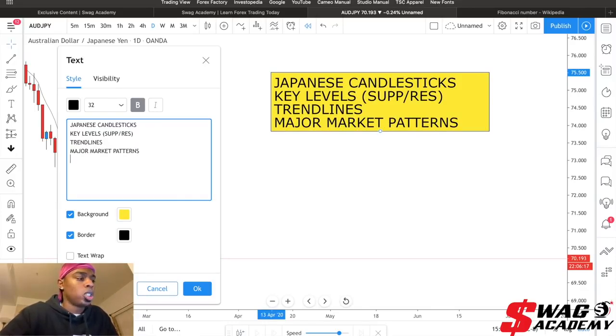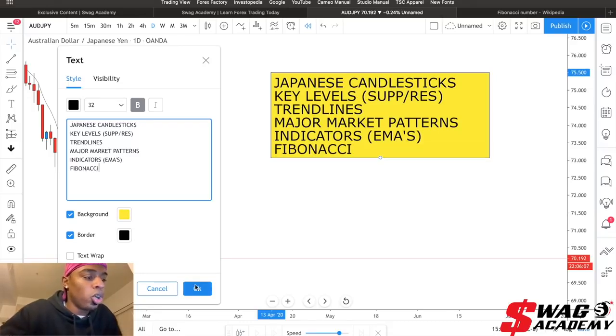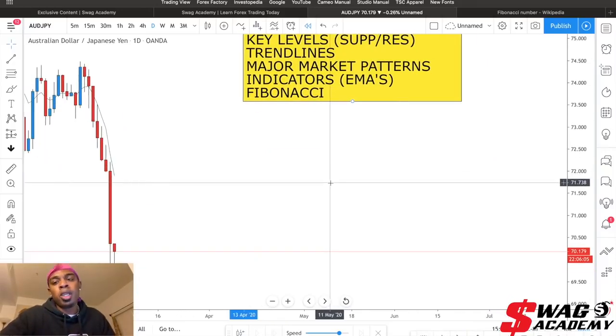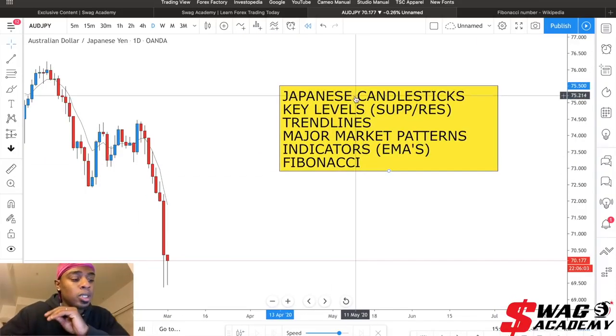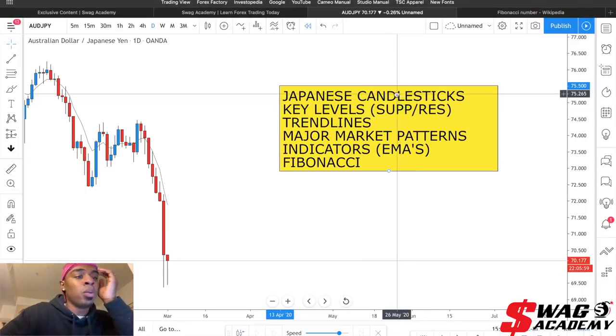What else? I think we had indicators, but we only use a moving average, so EMAs, exponential moving average, and Fibonacci. Those are your only 6 things you really need in order to trade for technical analysis. These are the only things you need. That is it. Nothing else. And we just went through all of them.